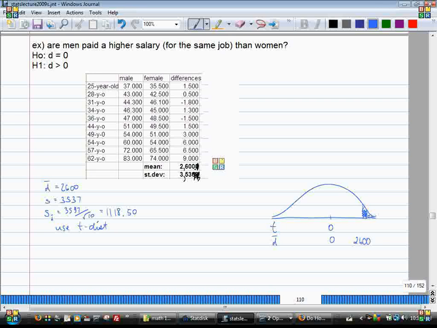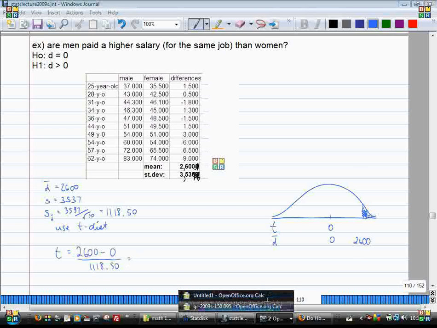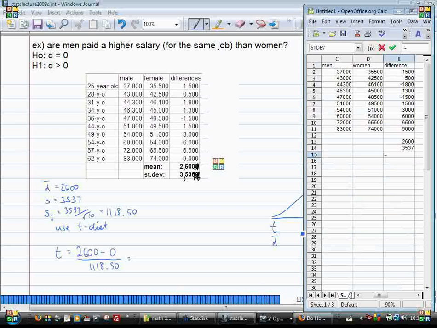And so now what do we need to do? Not stat this. Find the t-score. So t equals 2600 over 690. And what does that work out to be? Let's check it.